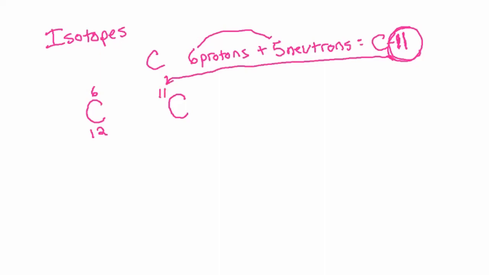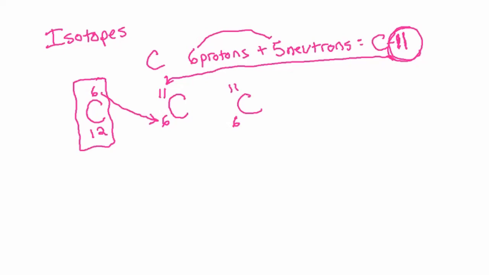So you would put 11 up here. And some people also take the atomic number and put it down here. So you would have 11 on the top and 6, and these are in the corners. They're not on top and on bottom like in the periodic table, like over here. They're off to the side.